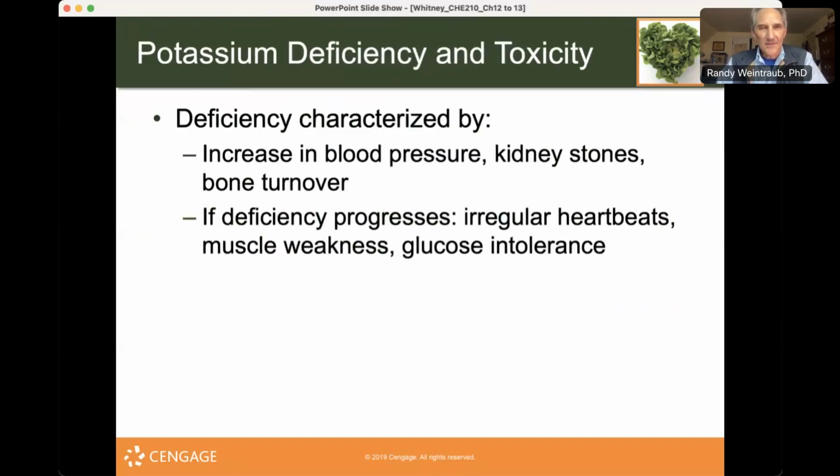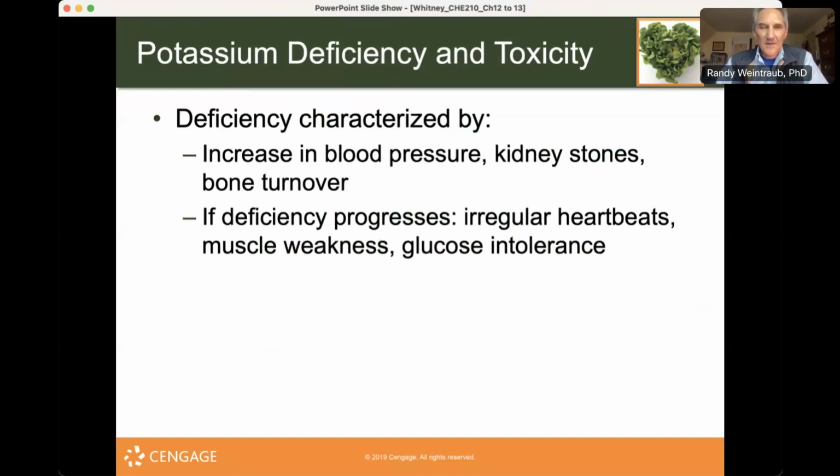Now, deficiency, and this is potassium. Lots of eating patterns put us in deficiency of potassium. For instance, we saw that in highly processed foods, lowering the potassium content and increasing the sodium ratio. It tends to increase blood pressure and kidney stones, and higher bone turnover if deficiency progresses.